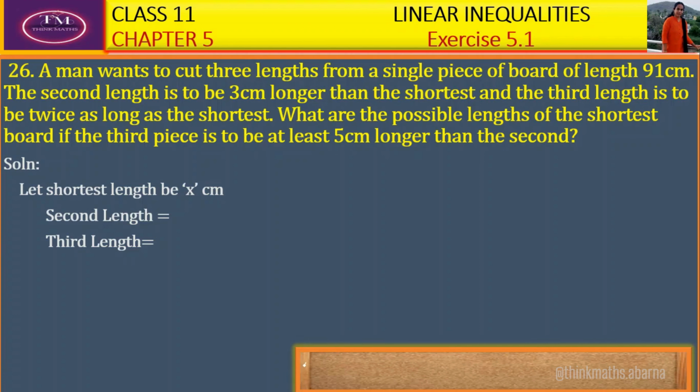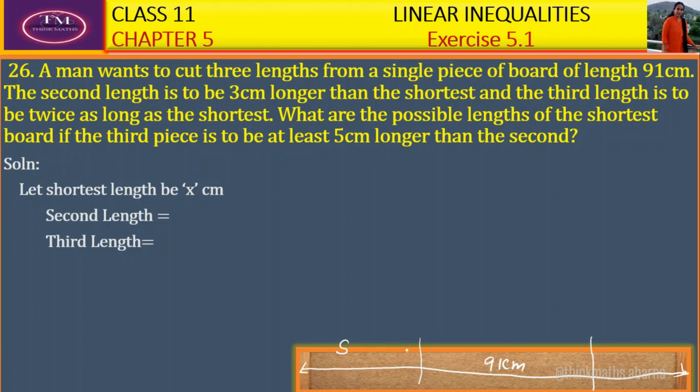Okay, what is given means they have given a board. This board length is 91 centimeter. So the man wants to cut this board into three pieces. First piece, second piece and third piece. The second length is to be 3 centimeter longer than the shortest.